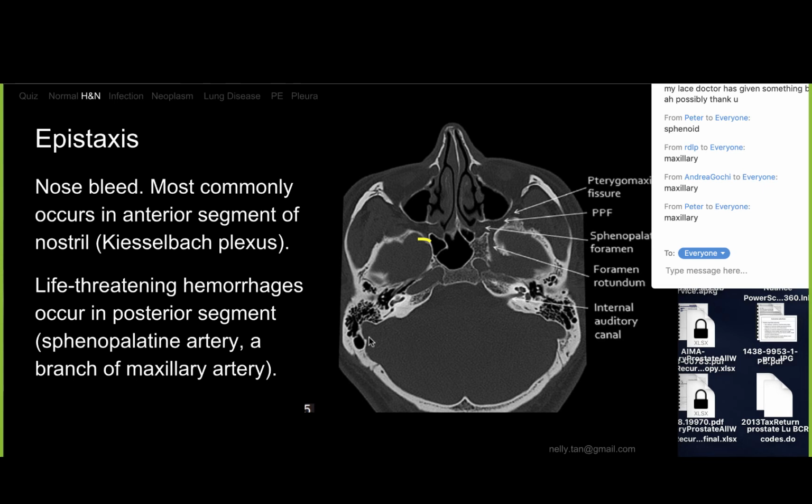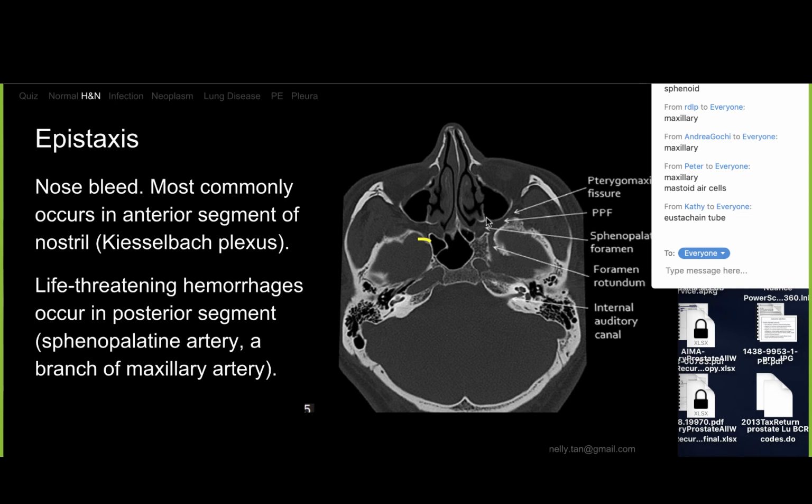And what space is this? Mastoid air cells, so that's good, bilaterally, right? And then what courses through here? This one's the internal carotid artery on either side. Okay, so here you have the foramen rotundum.